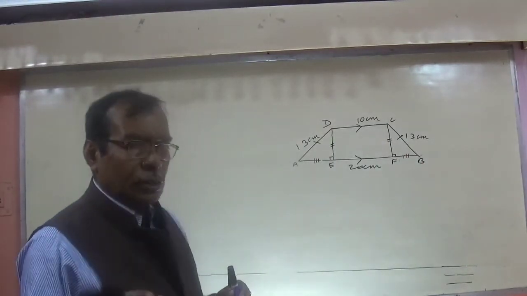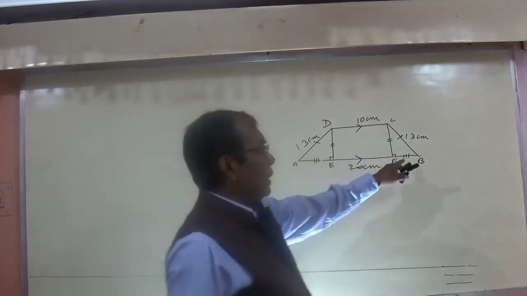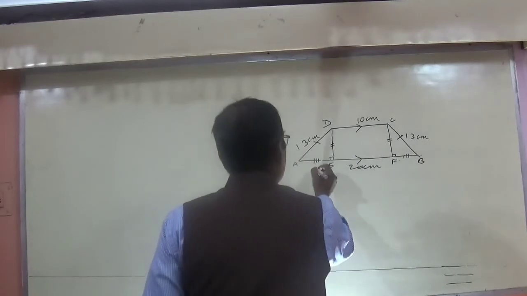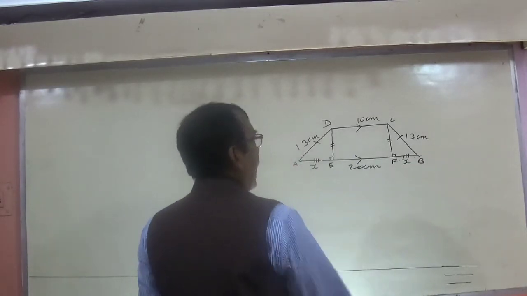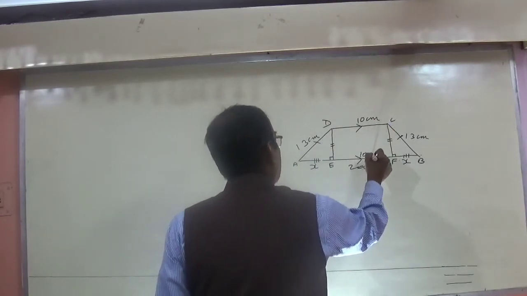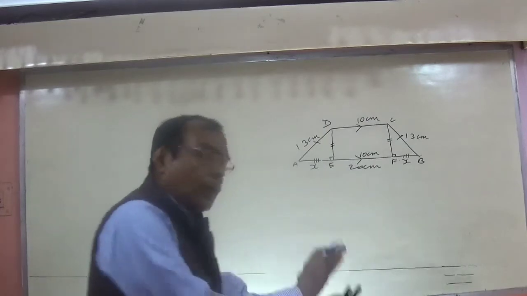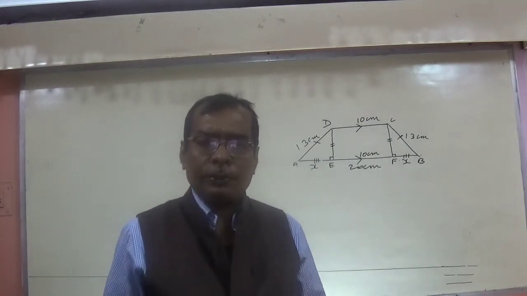All these things are not required to explain. So AE equals BF, and suppose AE is x, then BF also will be x, and DEFC is a rectangle. In a rectangle the opposite sides are equal, 10 centimeters. So from this data we are getting these conclusions.